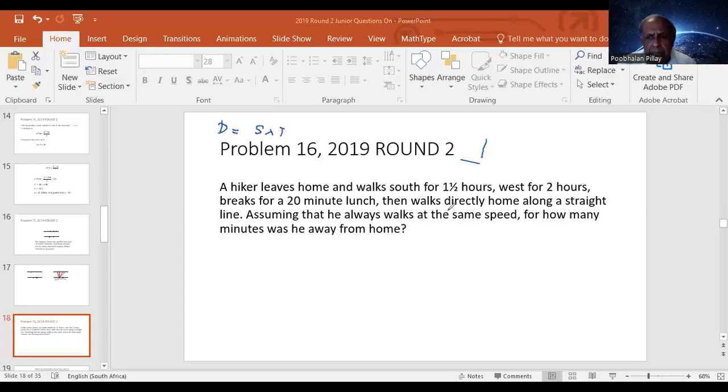So if he's walking at the same speed all the time, then he is covering the same distance if he travels in a certain period of time. So what we are going to do is, let me just get to the next.